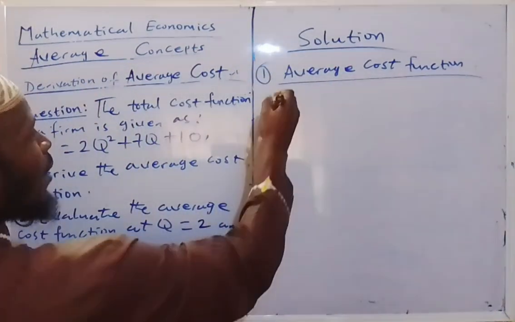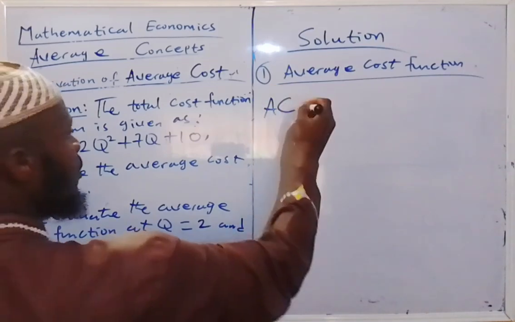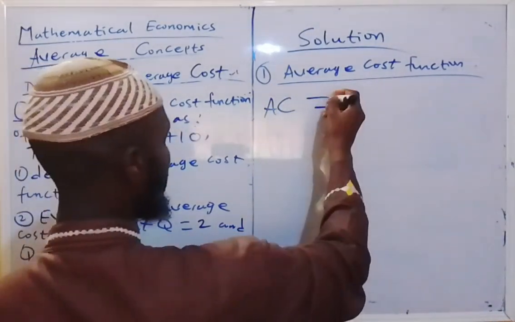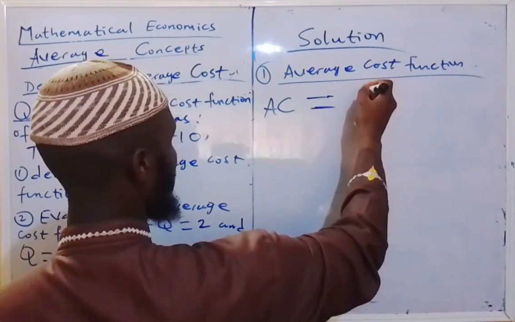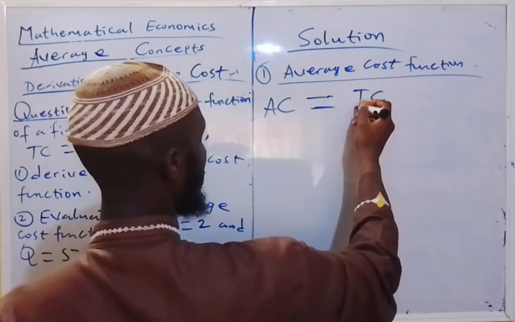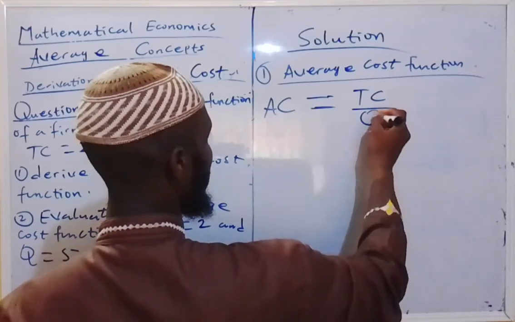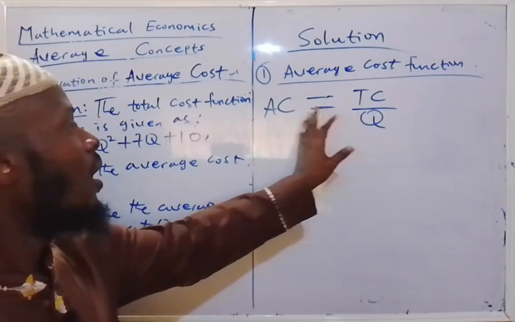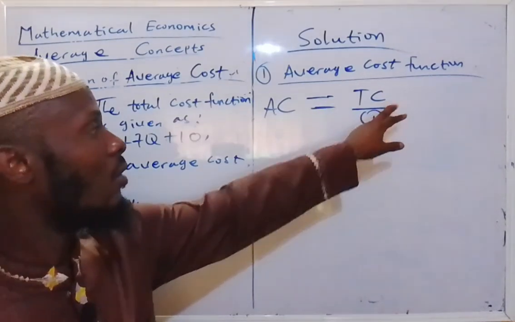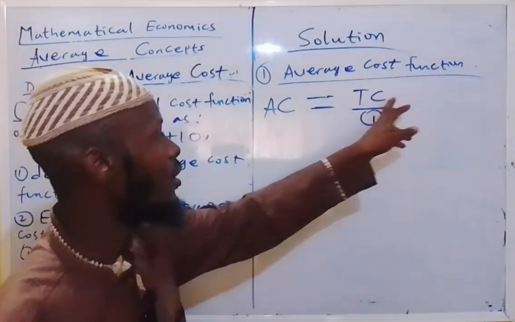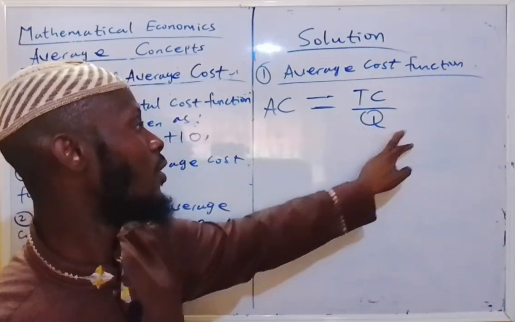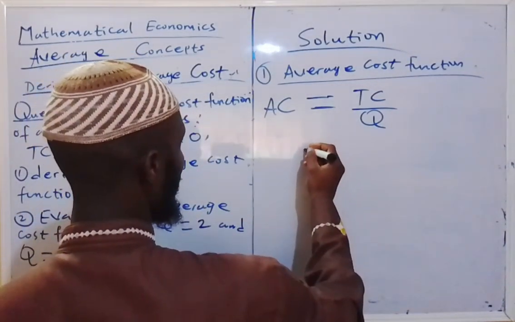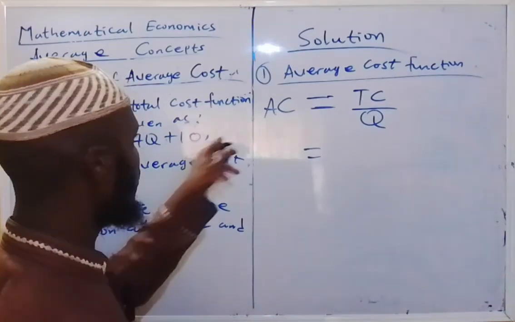You recall that average cost is mathematically defined as total cost divided by Q. This formula, you have to know it. Average cost equals total cost divided by Q, where TC is total cost and Q here is the unit of output produced. So now the next thing is to substitute this function into this formula.